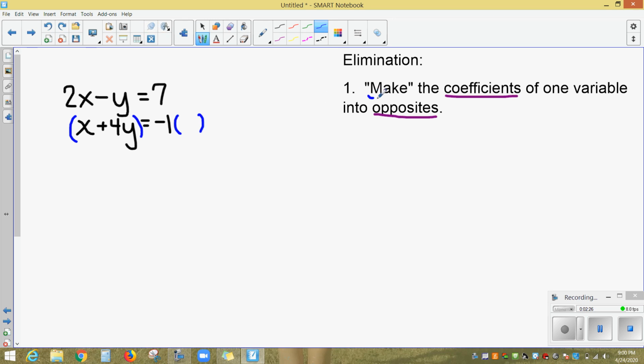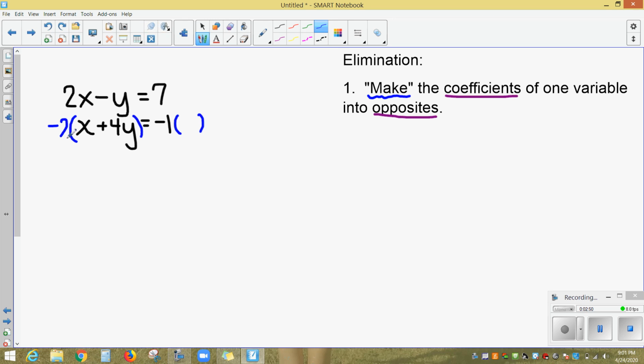Now the way that we're going to make these into opposites is we're going to multiply both sides of our equation through by a constant. I know I'm allowed to do that as long as I do the same thing to both sides. So I have a positive 2x up here in this equation. The opposite of positive 2 is negative 2.